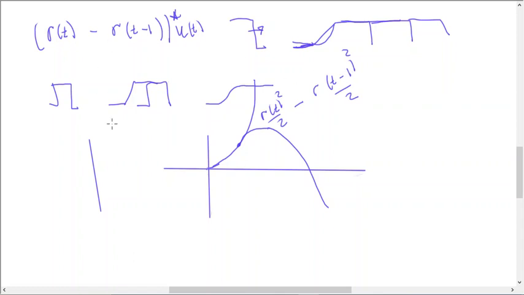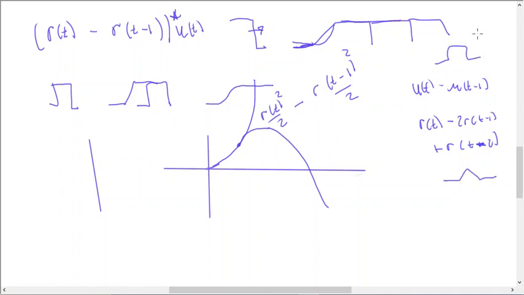Now, when I have these problems, right, that's pretty much a rectangle times, so if I have a rectangle, u(t) minus u(t minus something), something like that, and then a kind of a triangle, right? The rectangle does that, the triangle does that, right? Starts and ends at 0, starts and ends at 0.